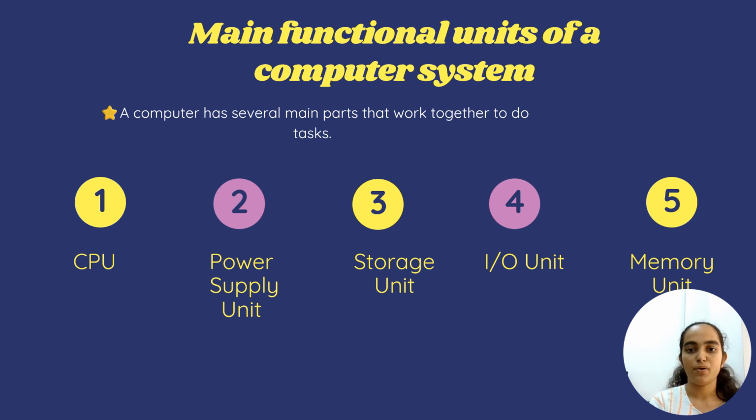This handles all input and output devices like keyboards, monitors, printers, and so on. Last one is memory unit. This temporarily holds data and instructions so the CPU can access them quickly. All these units work together continuously to perform even the simplest task like opening an app or typing a message.